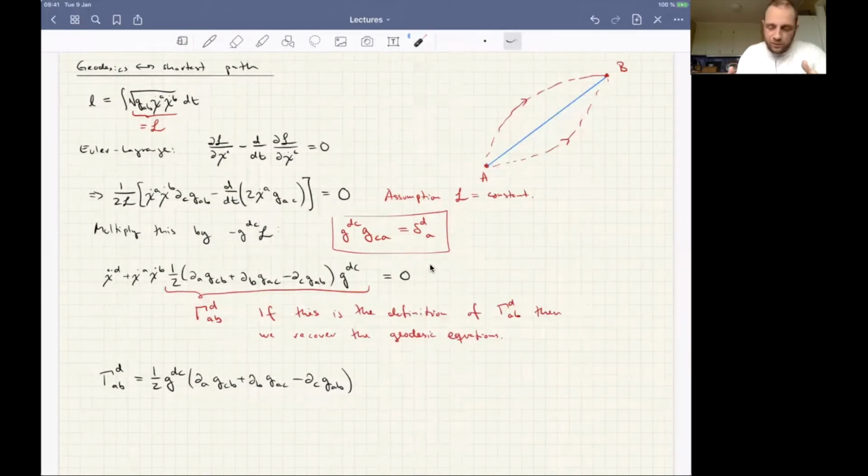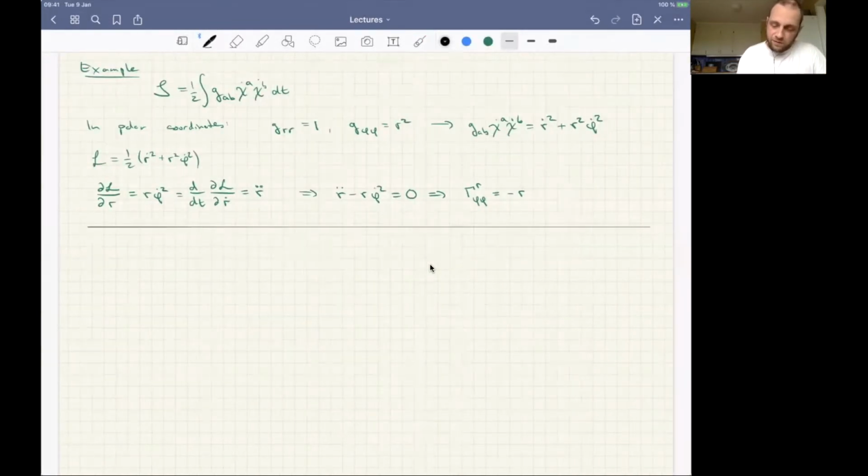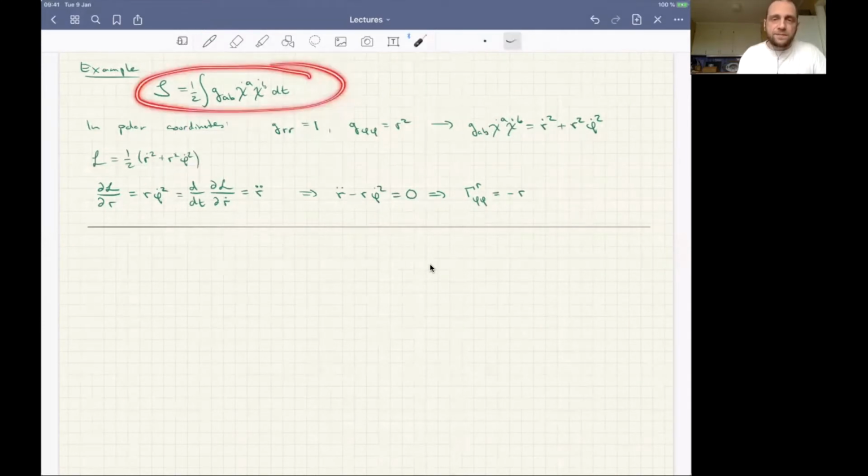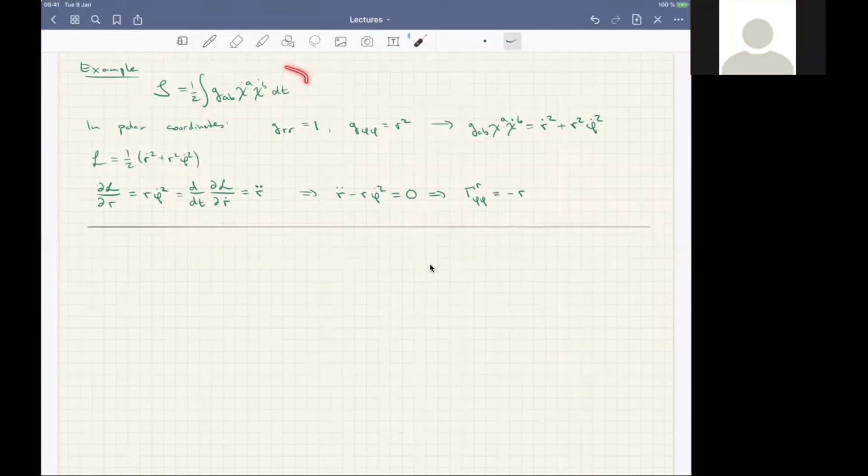I can always do that without changing the length. If you look at what's inside here, that is exactly the Euler-Lagrange equations that you would get if you instead minimized this. So minimizing this is exactly equivalent to minimizing the length, but under the additional condition that the tangent has constant length.